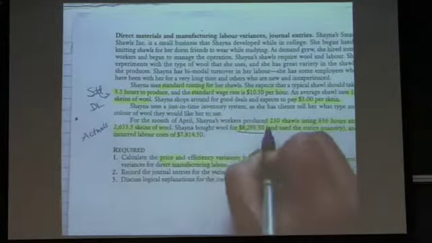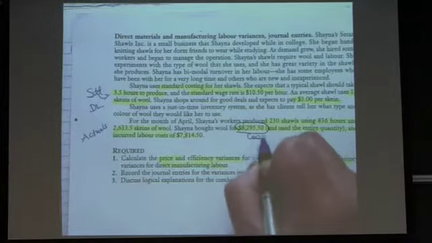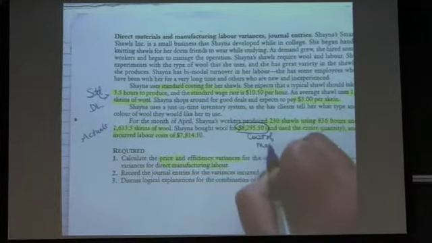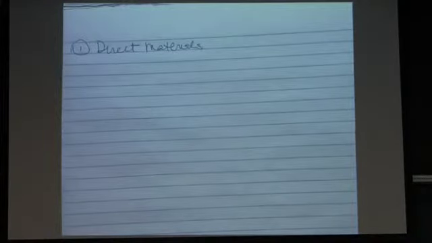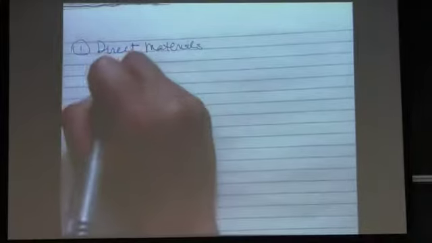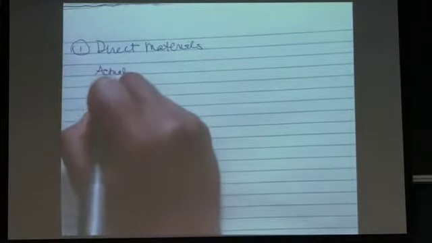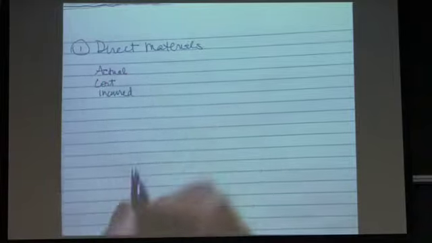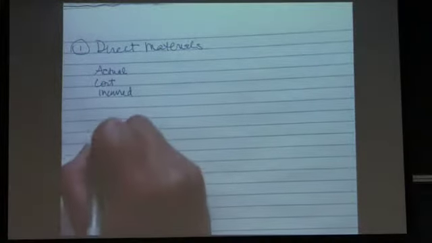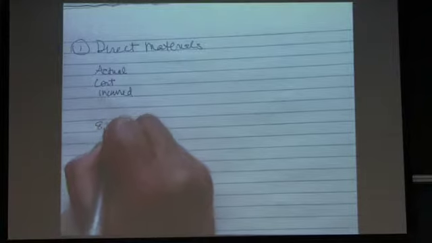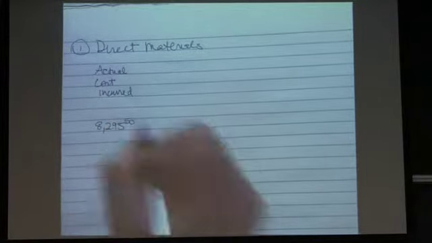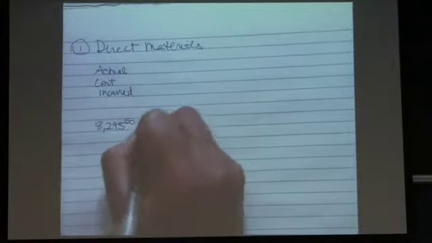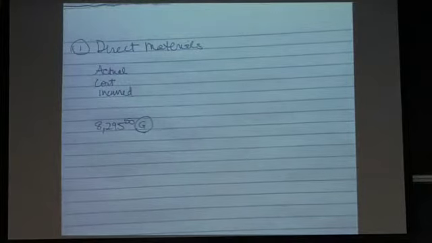That's the actual cost incurred. So that one is $8,295.50. I'm going to put the letter G beside it to show that it is a given amount in this question.